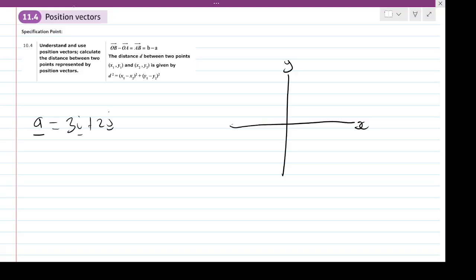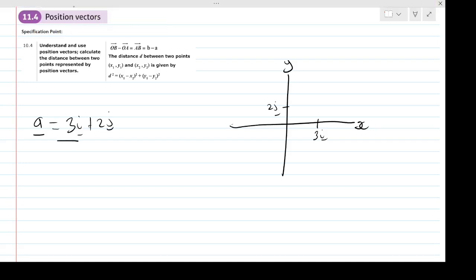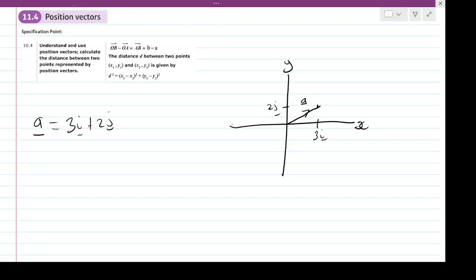Obviously, 3i means effectively 3 on the x-axis, and 2j is 2 on the y-axis, so it'd be up here. Remember, the i is the x component and the j is the y component of my vector. So that's our point here, and we draw it from the origin there. And there's our vector a.